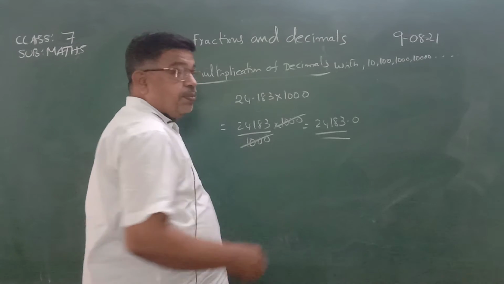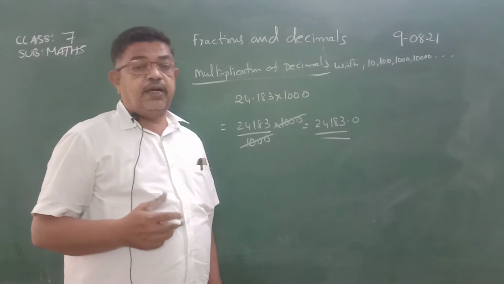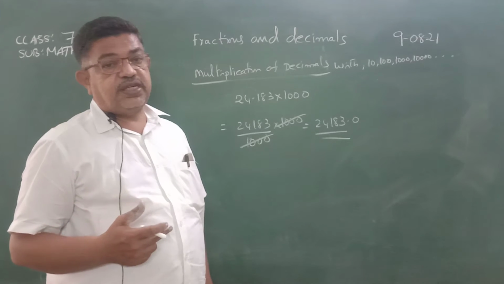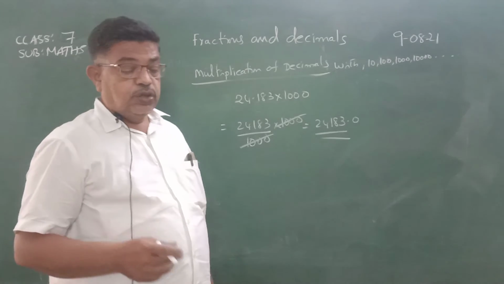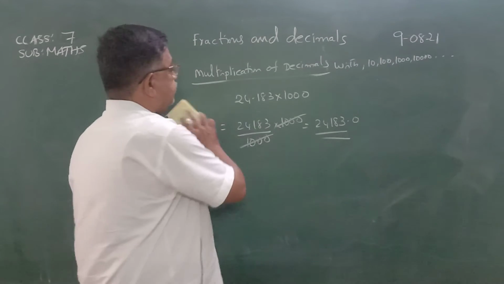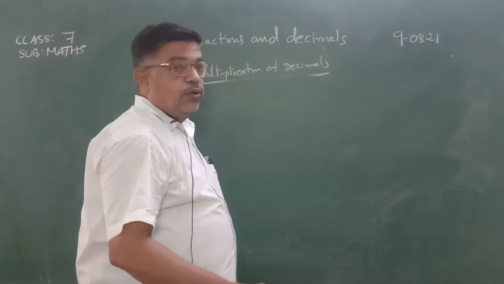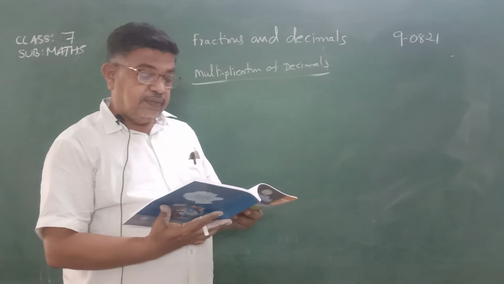The point moves 3 places. So our observation here is when it is multiplied by 10, the point moves 1 place. If it is multiplied by 100, the point moves 2 places. If it is multiplied by 1000, the point moves 3 places, and so on. So we can understand how the decimals move when you are multiplying with 10 and multiples of 10.